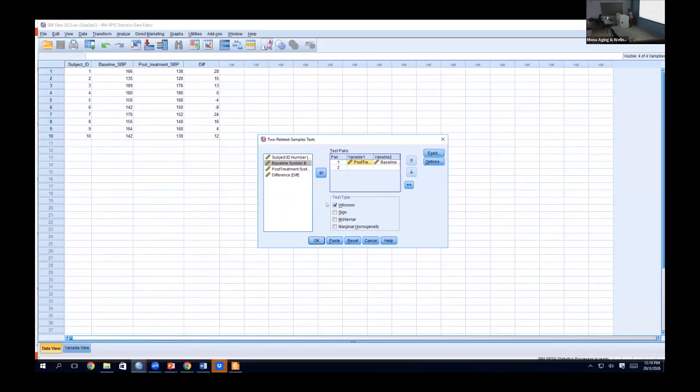So we're going to untick Wilcoxon. Next week we'll do the Wilcoxon, and we're going to tick the sign test. That should be it. We really don't need to do anything else. Unless you want to look at the descriptives, you can generate them, but we don't need to look at anything else.